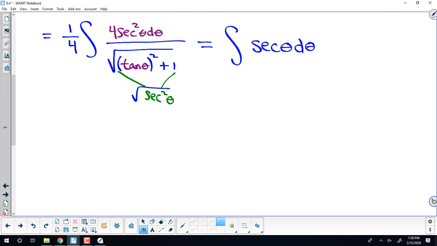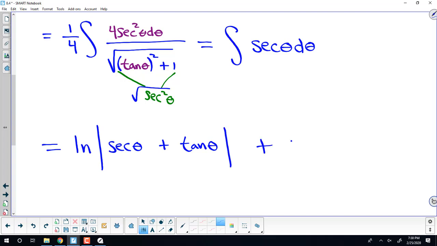Or you remember the procedure: I multiplied that by 1 in the form of secant plus tangent over secant plus tangent. Then it was a u substitution, et cetera. ln absolute value of secant plus tangent, plus constant.